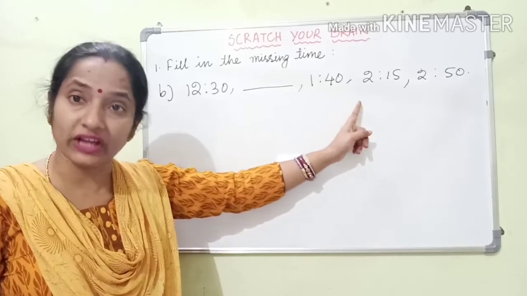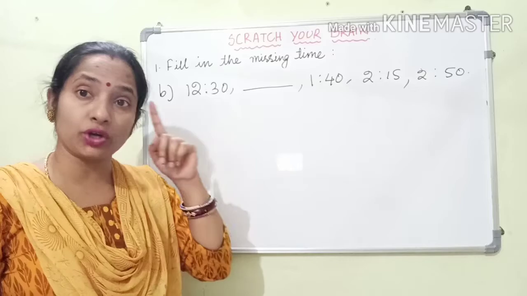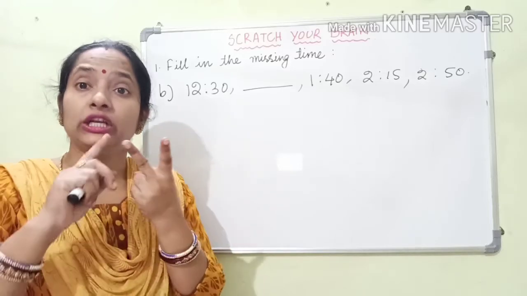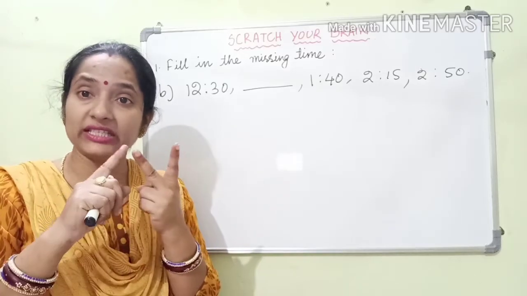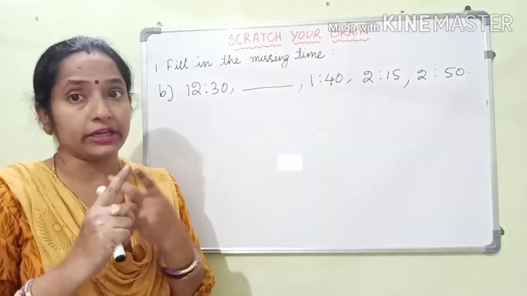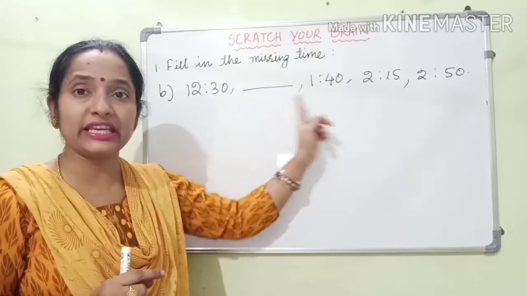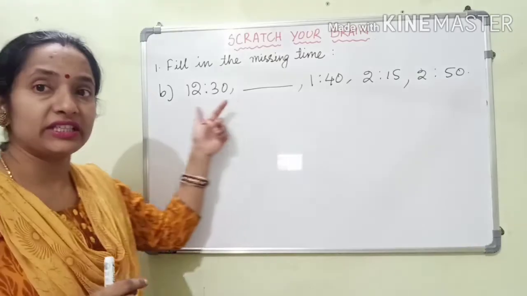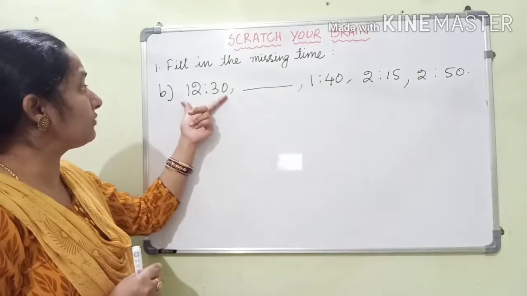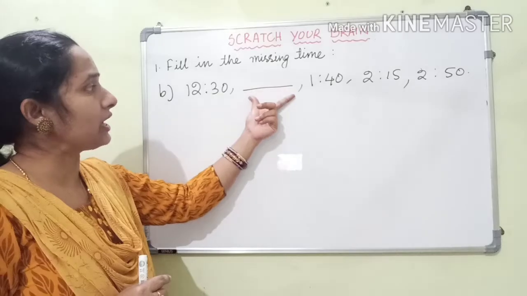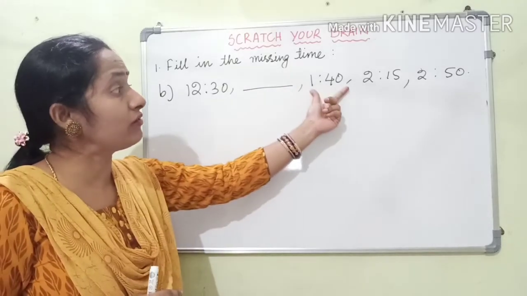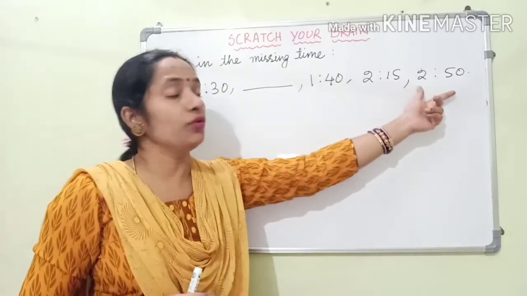It is a series of time given to you, where you should always remember two different types of time, that is 24-hour time and 12-hour time. If you observe this series carefully, this series is given in 12-hour time. Here we have 12:30, then some time is missing, then we have 1:40, 2:15, 2:50.